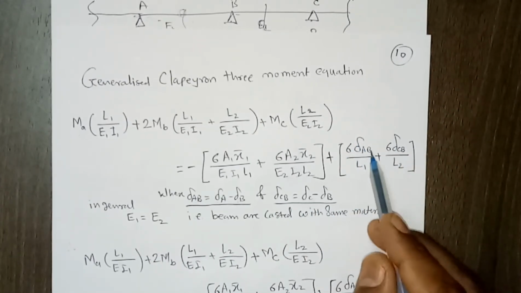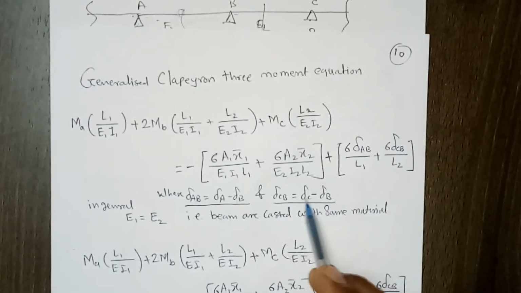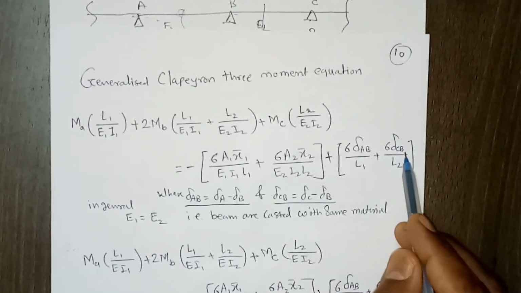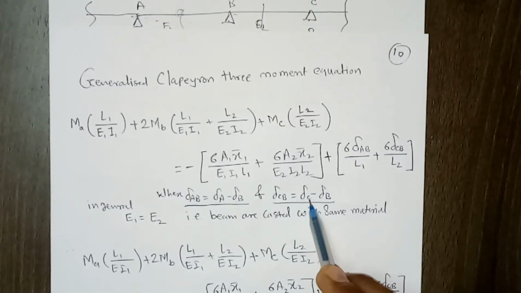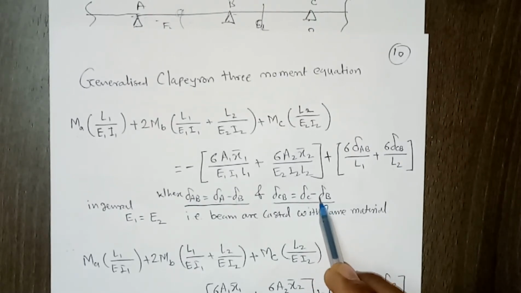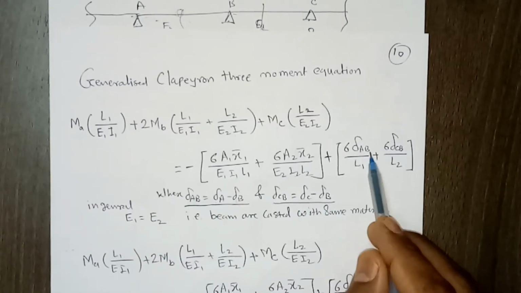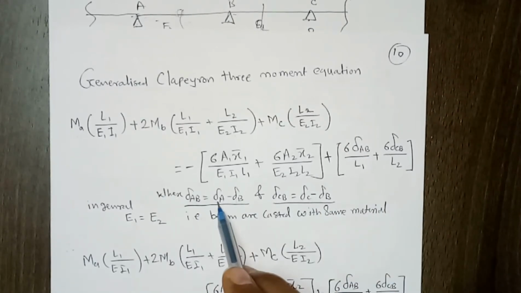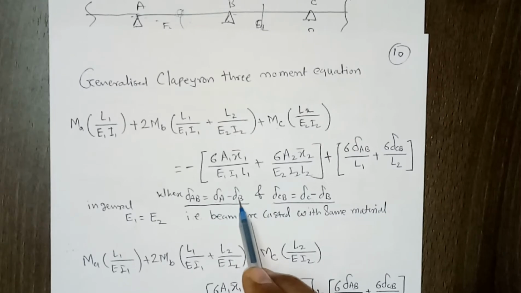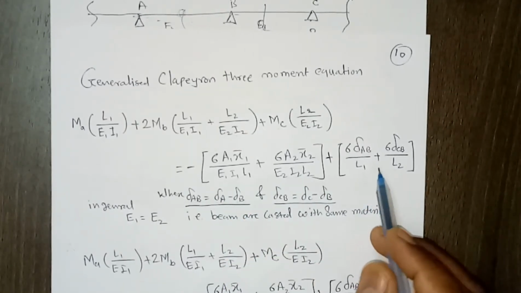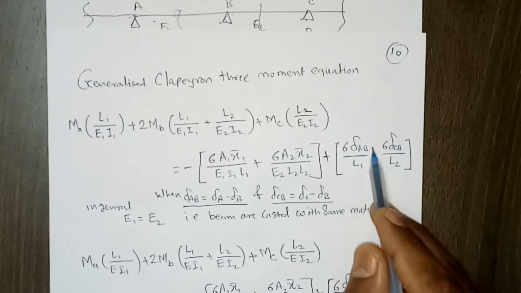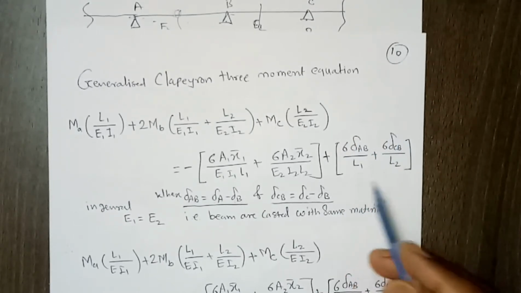This equation is standard, these meanings are standard, you should not change them. We cannot make it delta BC, it is delta CB, and delta CB means settlement of the right support minus settlement of the mid support, and delta AB means settlement of the left support minus settlement of the mid support. So this is like a standard. If there is a settlement, then we can use this term and then we can solve.